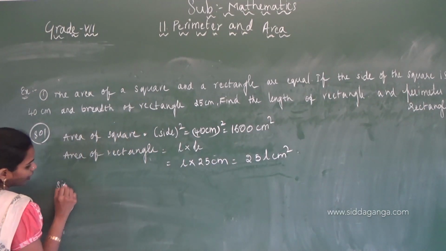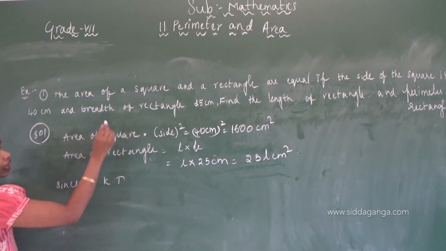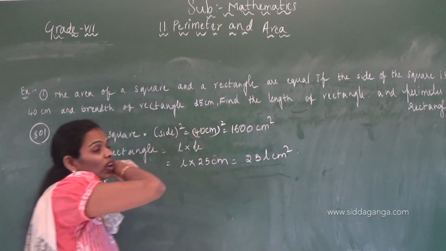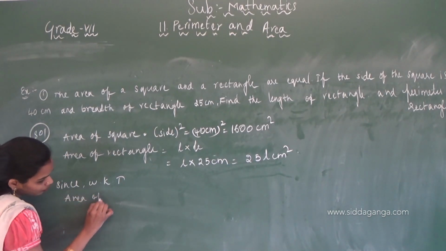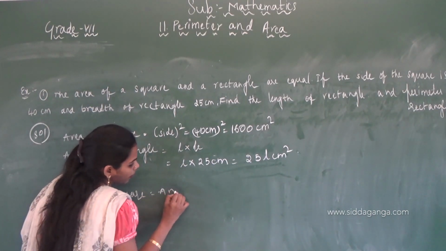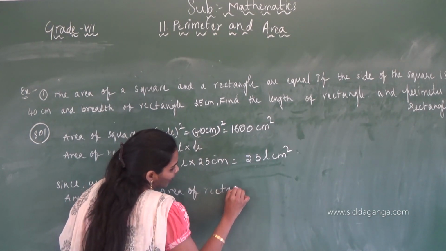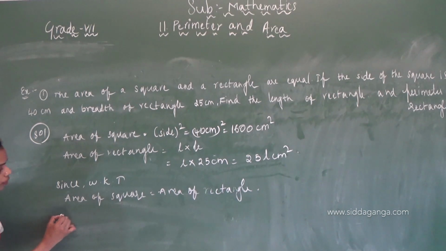Since the areas of the square and rectangle are equal, area of square equals area of rectangle. Correct?